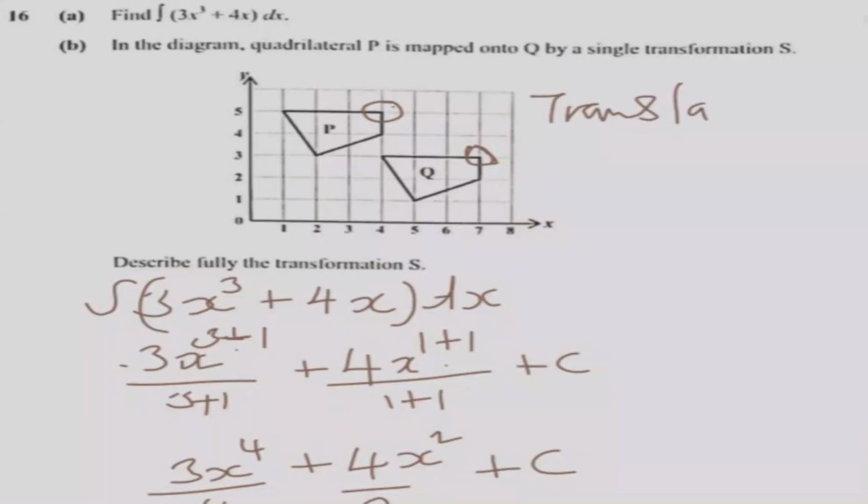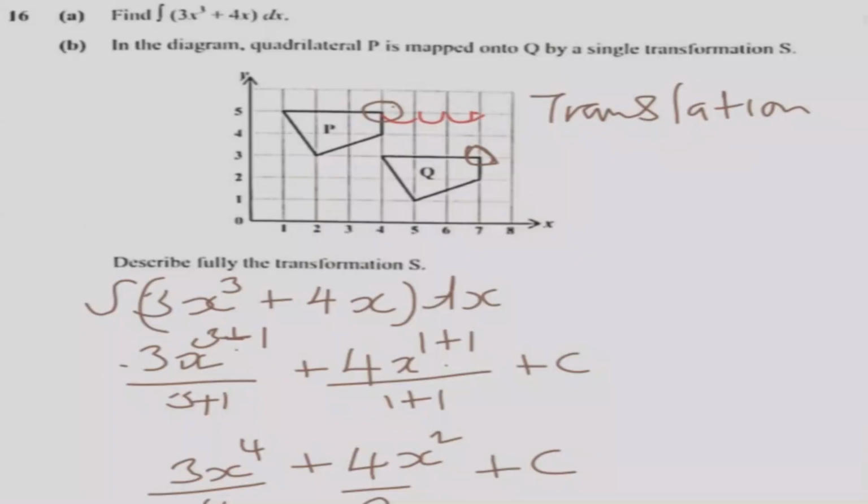The type of transformation is translation. Now let's find by what vector they have transformed. This point I've marked has moved 3 steps to the right. So this is 1, 2, 3.